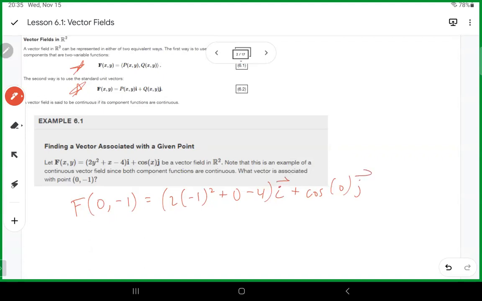So if you work your algebra out, you're just going to end up with -2i plus j. So your homework that follows that type should be pretty straightforward.